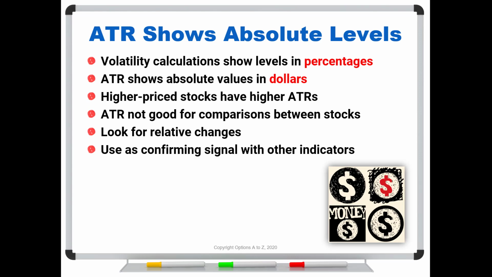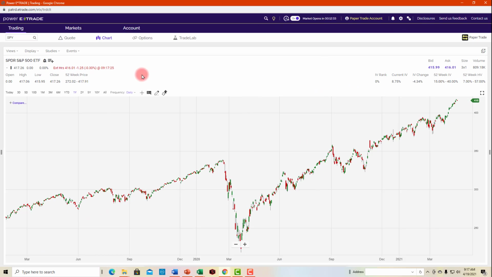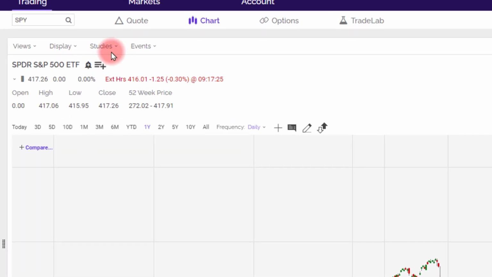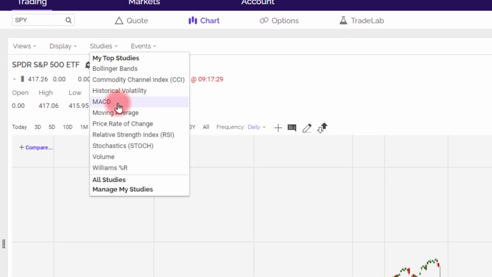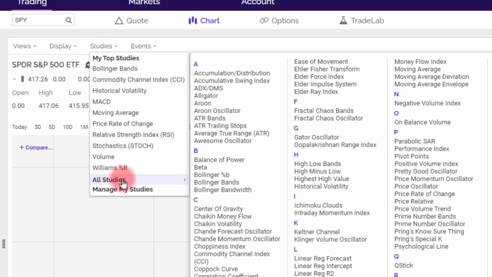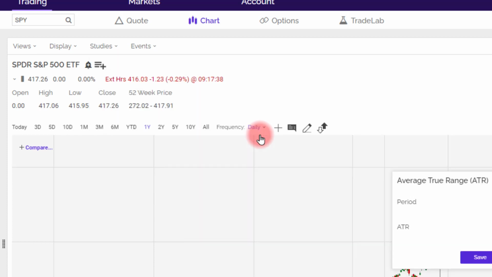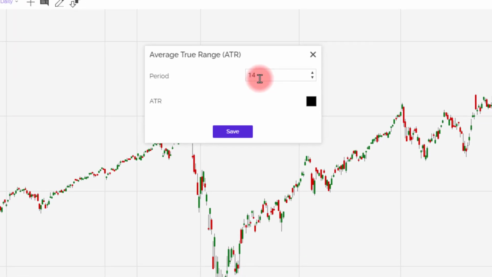So let's jump over to E-Trade and see how to put it on your platform. All right, so now into the E-Trade platform, come up here to Studies, drop down here to All Studies, and right over here under the A's, right there is the average true range, or ATR. Click there. Now the default is 14 periods. I said this was developed by J. Wells Wilder, and that was just what he chose.